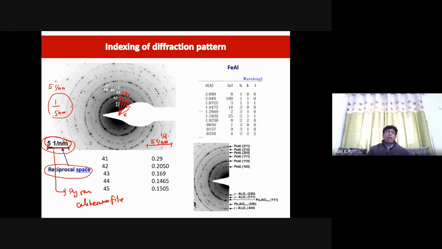So once you calculate this distance, then you take an inverse of that, because d is actually 1 by r. As I told you, this distance is actually r, and d is actually 1 by r. Okay. So the moment you do that, you can automatically get this value.